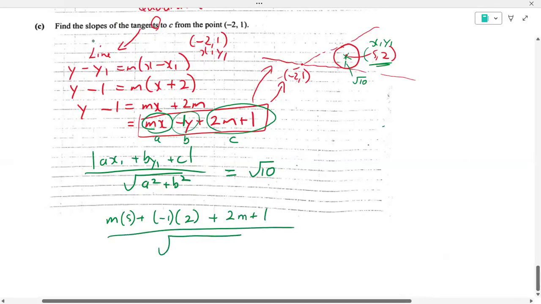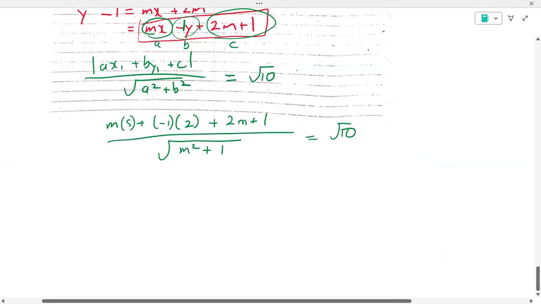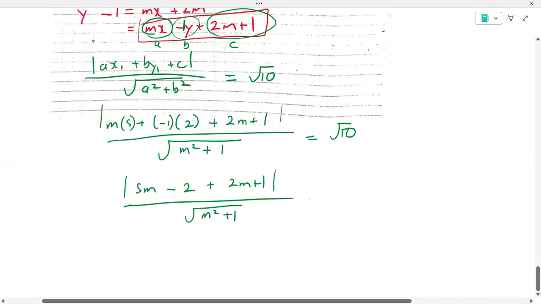Now, remember your A is your m, so that's m squared, and your B is minus 1, and if I square minus 1, I get positive 1. Again, that's supposed to be equal to the root of 10. So I get the absolute value of 5m minus 2 plus 2m plus 1, all over the root of m squared plus 1, equals the root of 10.